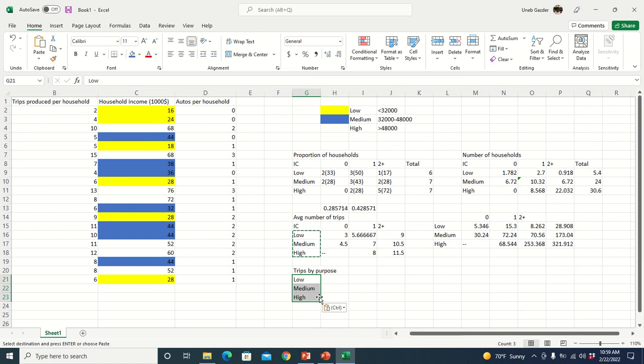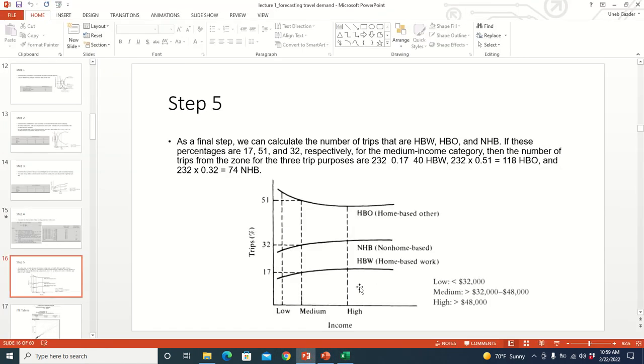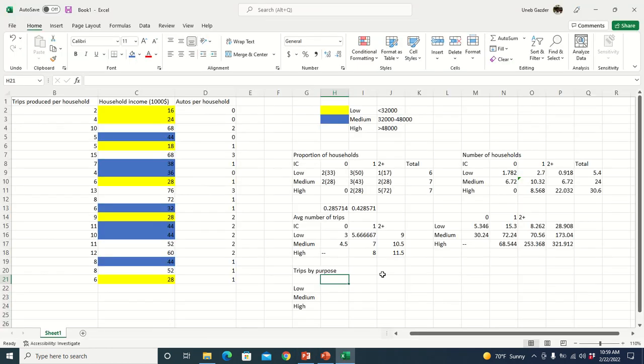Here I should have the trips for each type. Instead of the number of autos, I should have home based work, non-home based, and home based other.